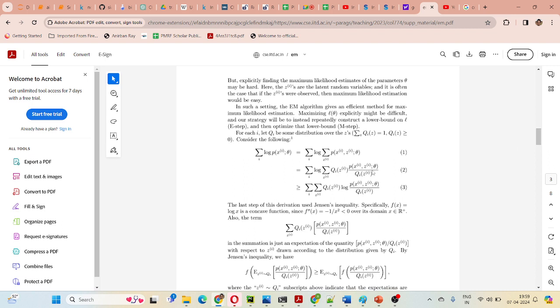In a mixture model, you can divide this into p(x_i|z) and p(z_i), and the sum of p(z_i) equals 1, with each less than 1, but they have not considered anything like that. Here they've introduced another distribution.